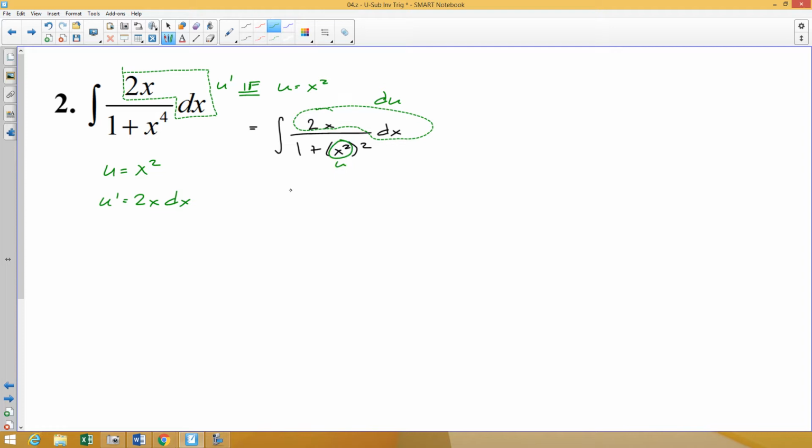And so what we end up with is the exact same antiderivative we had a minute ago, 1 over 1 plus u squared du, which is the derivative of arctangent u. So we have arctan of u, but u is x squared, plus a c, and there is your answer.